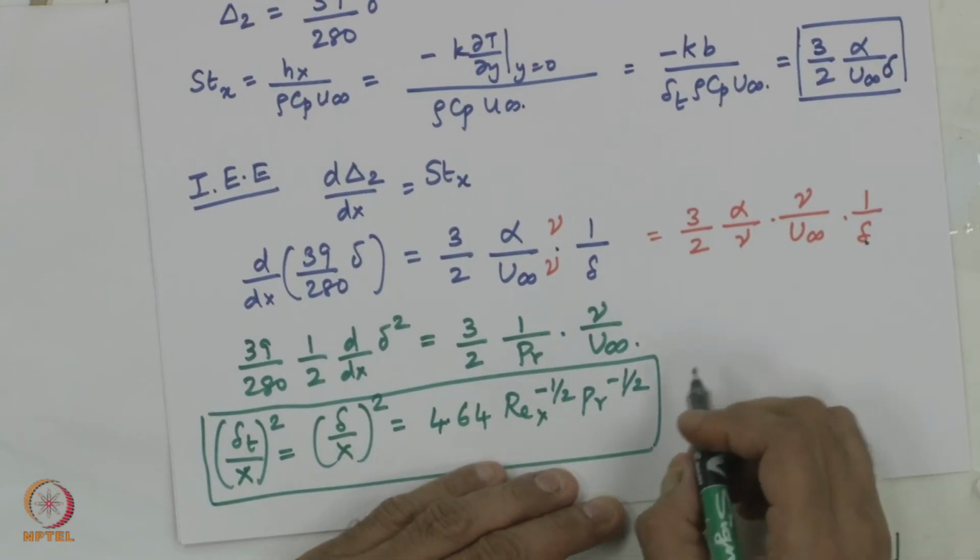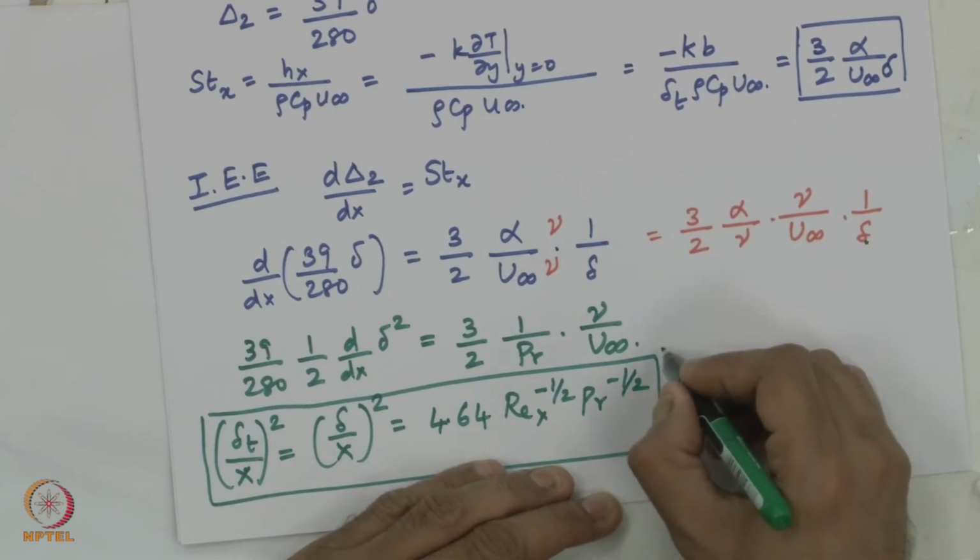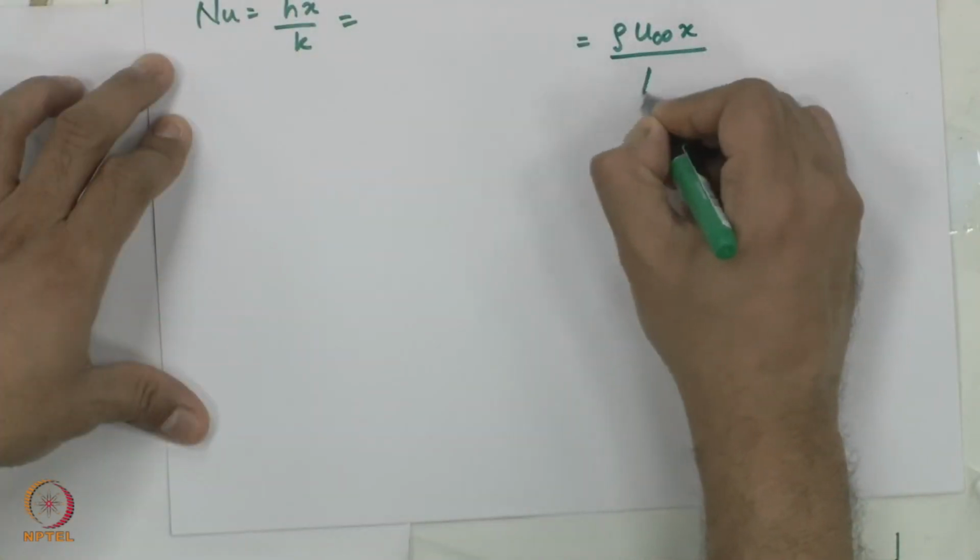And if I substitute for this in terms of the Stanton number, last couple of steps here. So, Nusselt number is equal to Hx by k, which is nothing but Nu is equal to Rex Pr into Stanton x. Rex is nothing but rho u infinity x by mu.